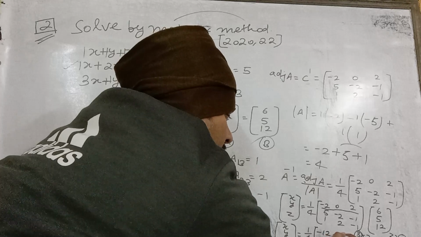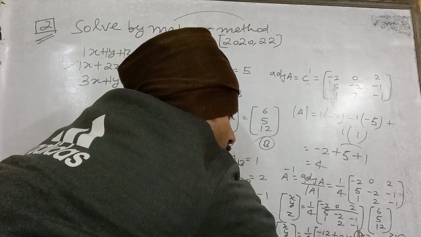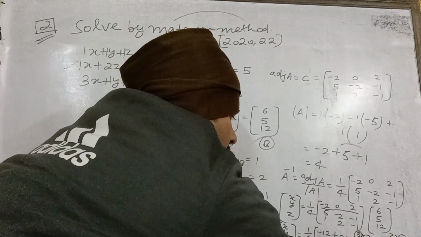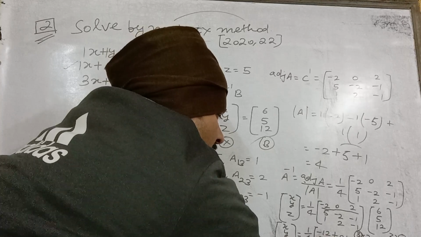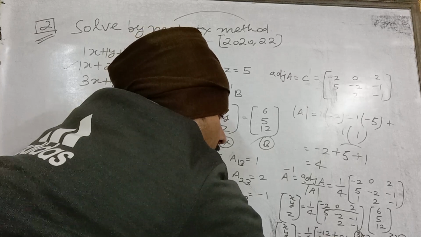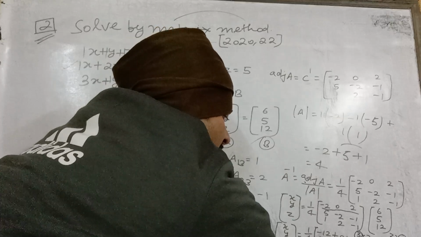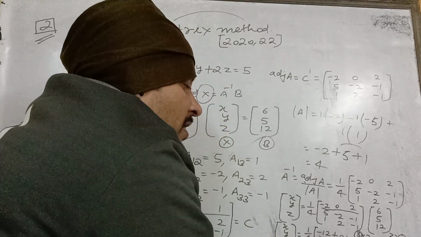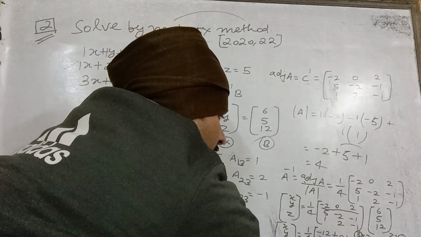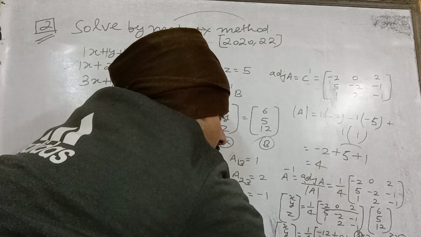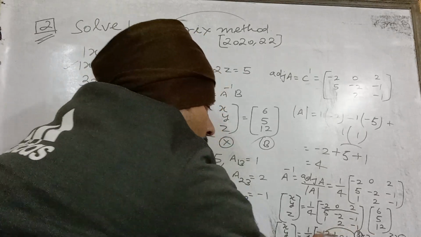Minus 12 plus 0 into 5 is 0. Plus 2 into 12 is 24. This is clear. Now 5 multiplied by 6 is 30. Minus 2 into 5 is 10. Minus 12. Now the third is 1 into 6 is 6. Plus 2 into 5 is 10. Minus 12.